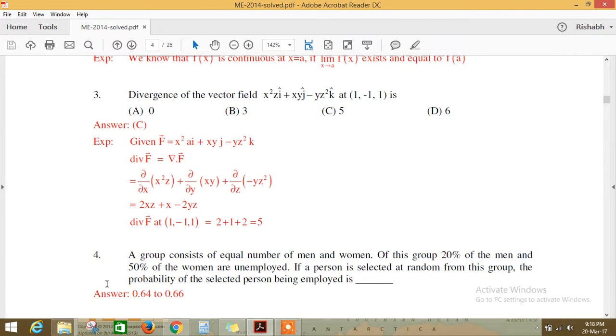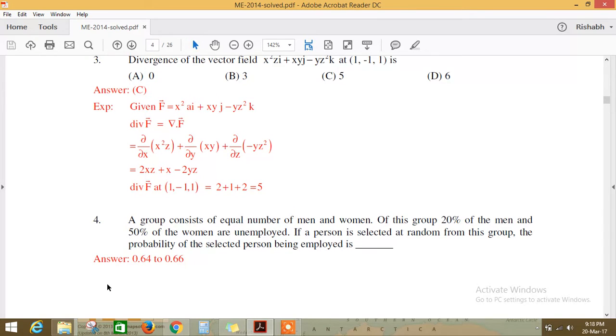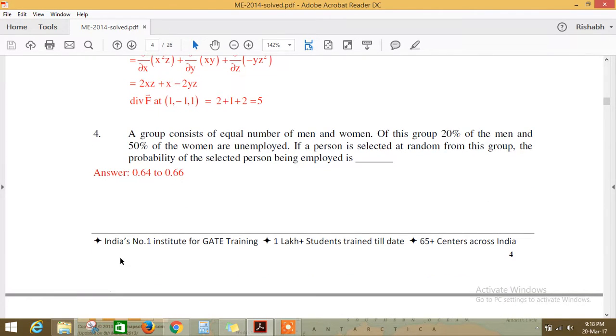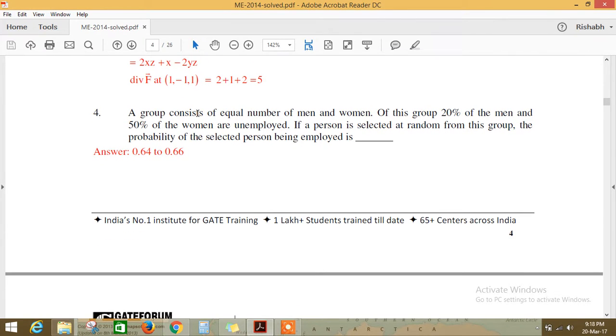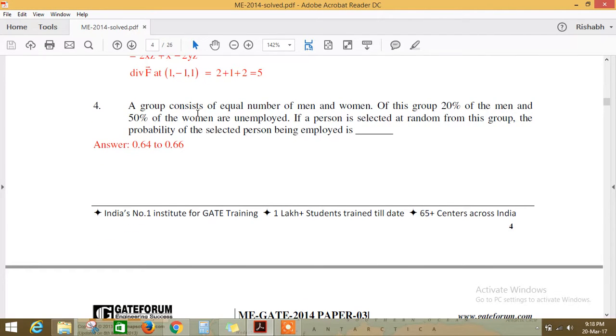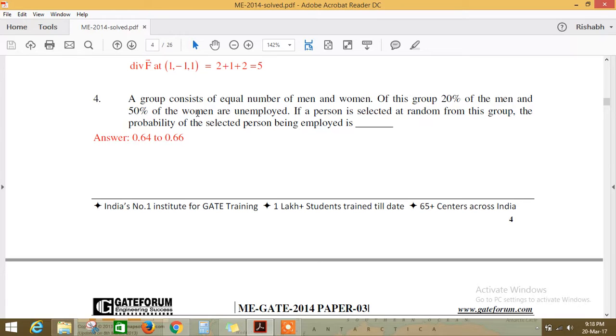Now the next question, let's see. This is a probability question. You cannot say this question is strictly from maths; it is also a kind of aptitude question. A group consists of an equal number of men and women.